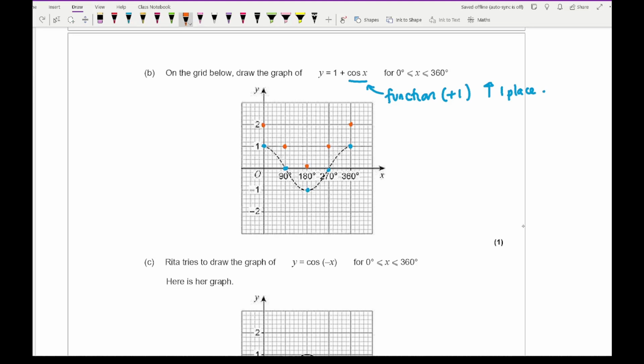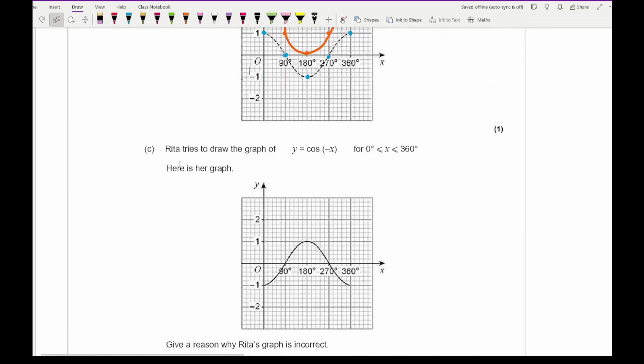So it looks like this, and then all I need to do is just mirror the shape. That's actually really poor, so let me try that again. And what you should have is a nice curve graph that looks something like that.